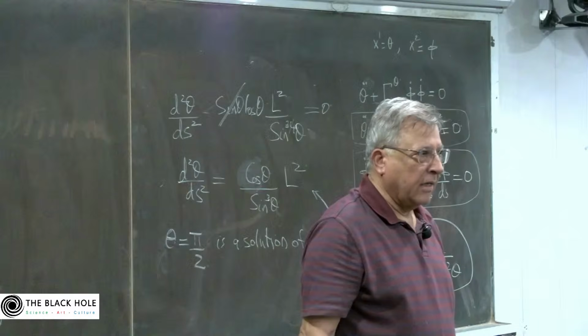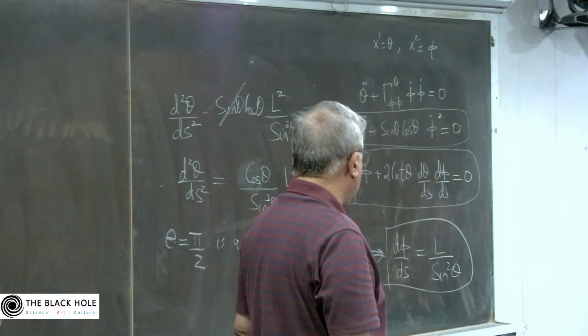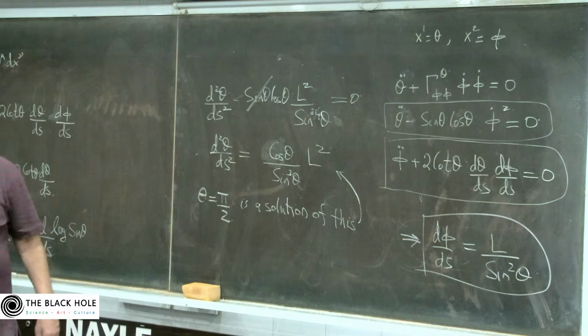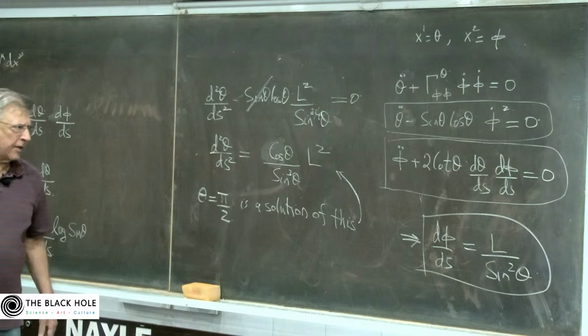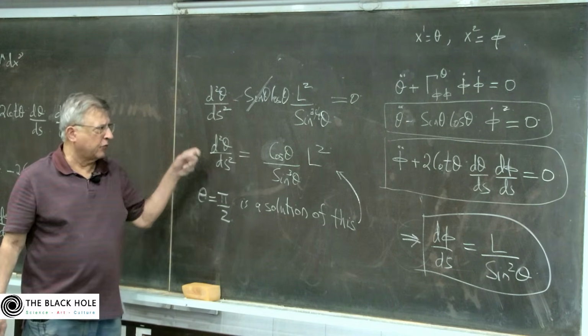So you said that that equation holds for every theta. What about theta equals 0 or 2 pi? Theta equals 2 pi would not work. Theta equals 0 would not work. In that case, I would have to solve the full equation.